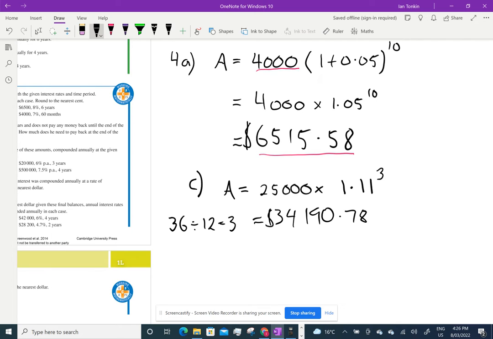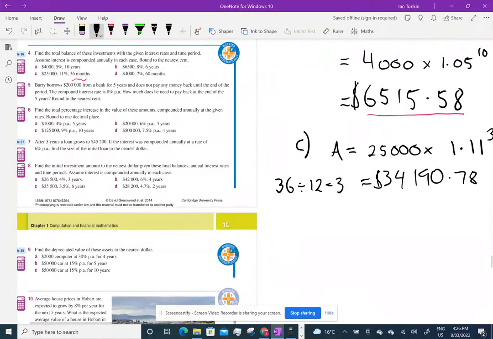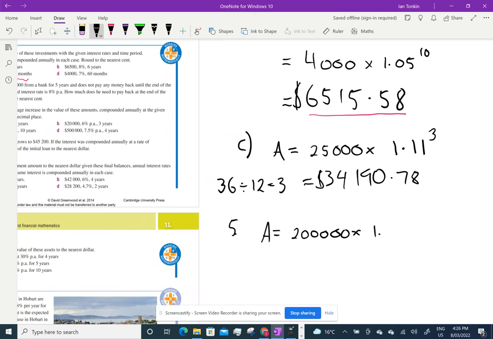Now, question 5. Barry borrows 200,000 from the bank. How much does he have to pay back? That's exactly the same. I'm not going to do it on the calculator, but I'm going to set it up for you. The amount he'll have to pay back is, what did he borrow? 200,000 times, what's the interest rate? 8%, 1.08 for how long? 5 years.